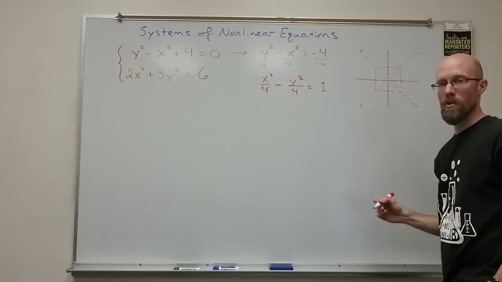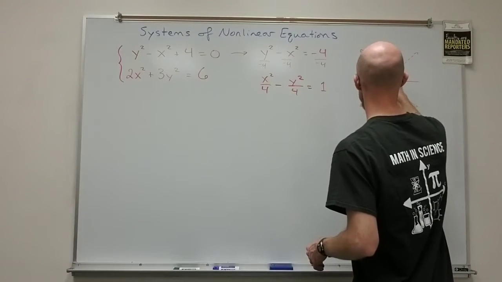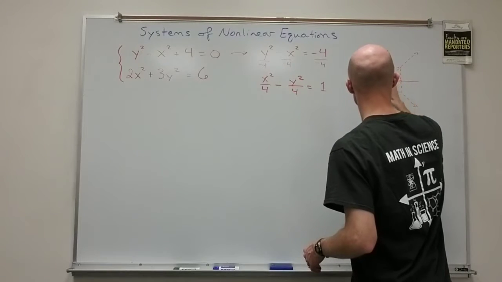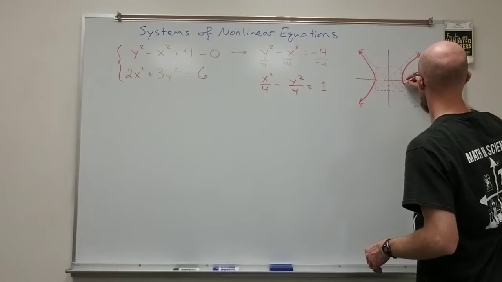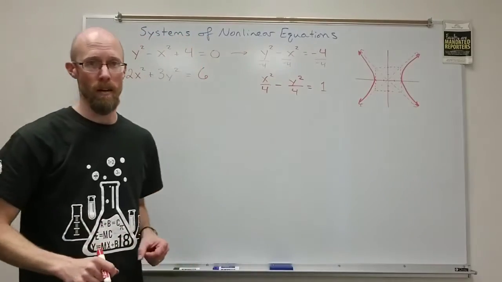And I know that this is going to open horizontally around the x-axis because that's my positive variable. Again, I'm just looking for a rough sketch. I don't need a lot of detail here.